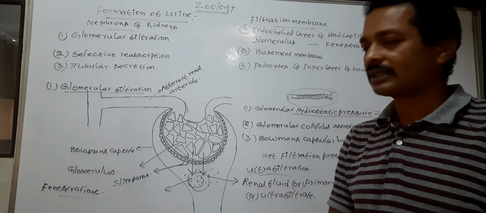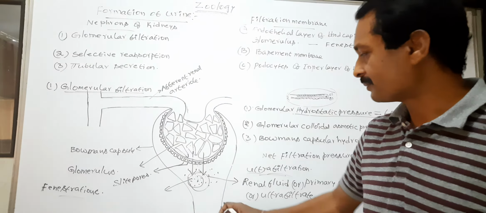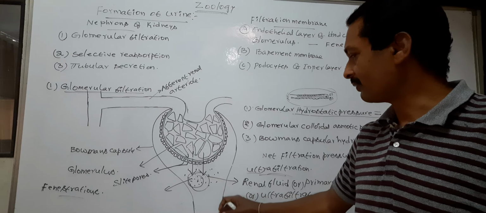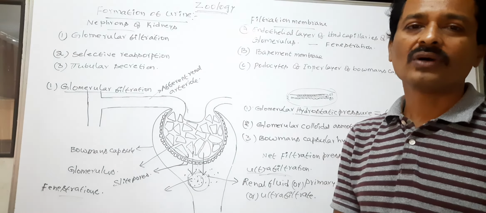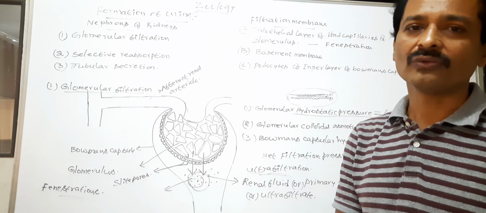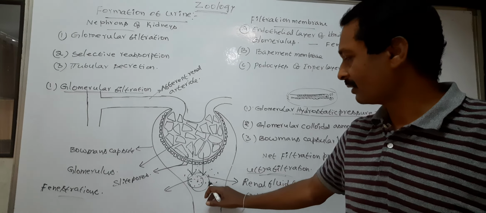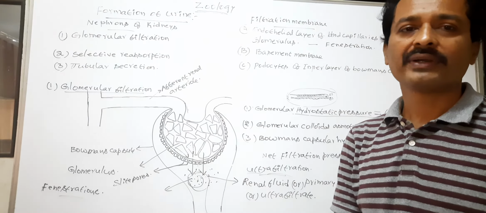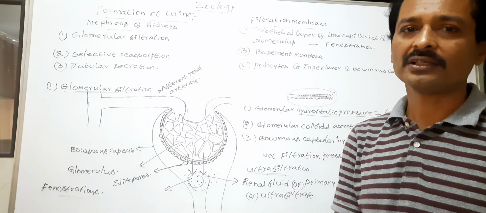The essential substances are reabsorbed into blood through the wall of renal tubule, while the primary urine passes through the different parts of the renal tubule.